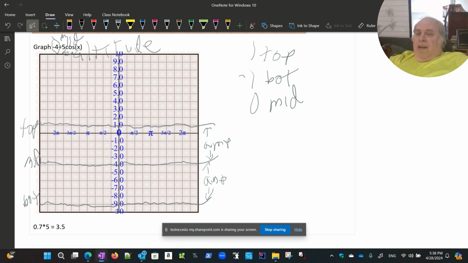So 0.7 is going to turn into 3.5 from the midline.